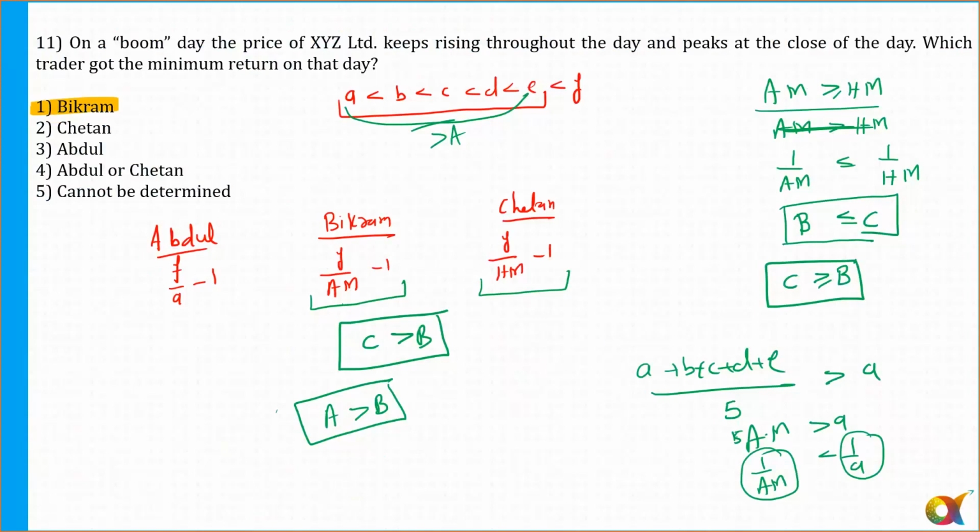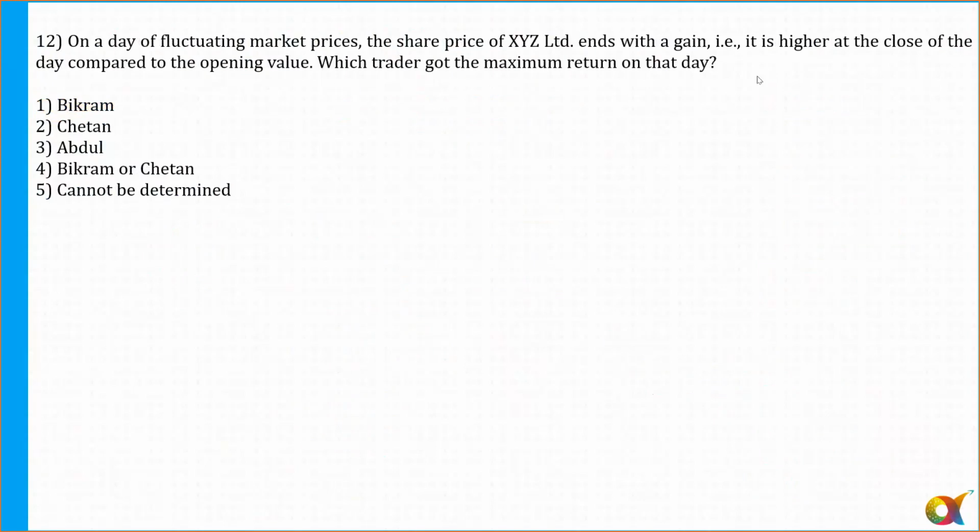Okay, now let's move to question number 12. The correct answer for question number 12 is nothing but option 5, cannot be determined. Now just hear how. On a day of a fluctuating market price, the market price is fluctuating. So whether there is an increase or decrease or they are equal, nothing is given.